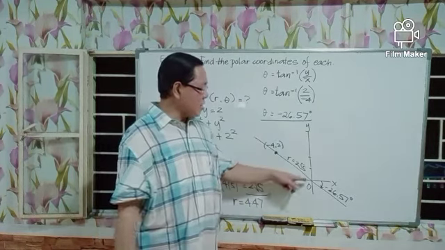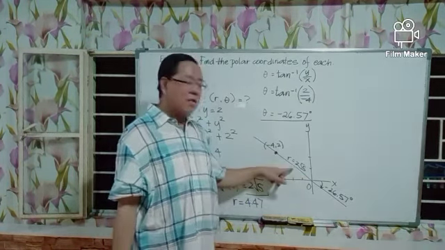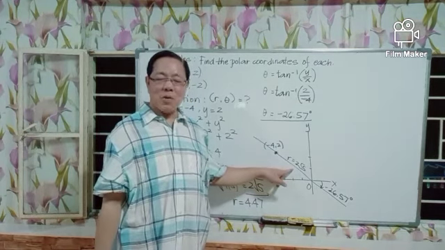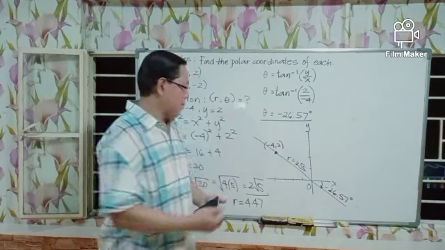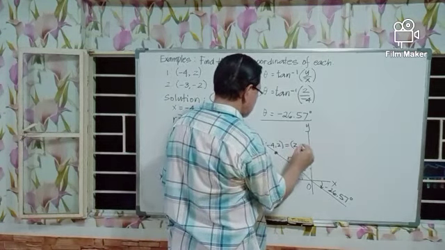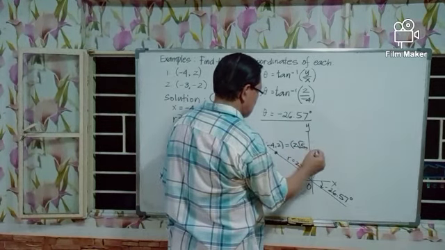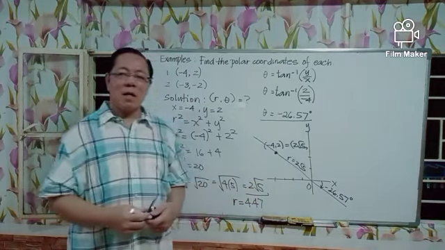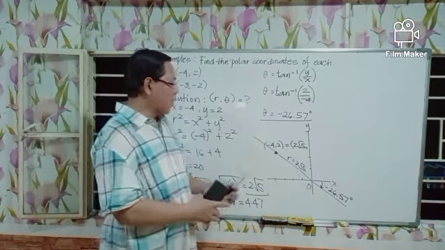And the distance of this point from the origin is the radial coordinate of this point, 2 times square root of 5. Now we find the angular coordinate of this point.